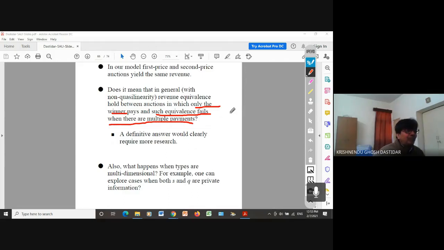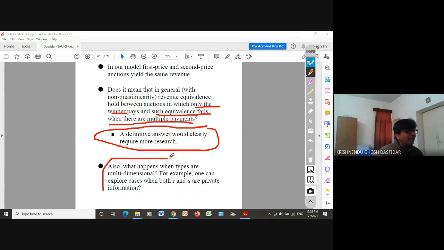So the research question is, with a non-quasi-linear utility function in a two-good world, is there partial revenue equivalence between first price and second price auctions, only in auctions where only the winner pays? A definitive answer would clearly require more research, and I think it's an interesting research question.